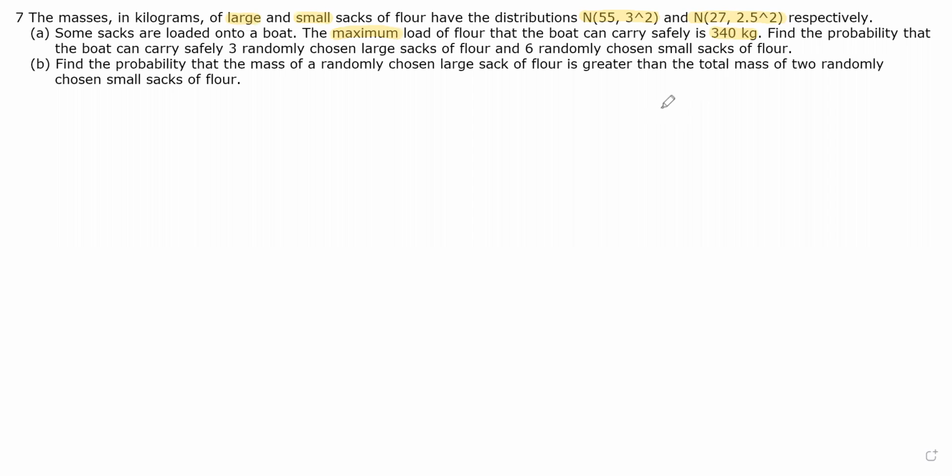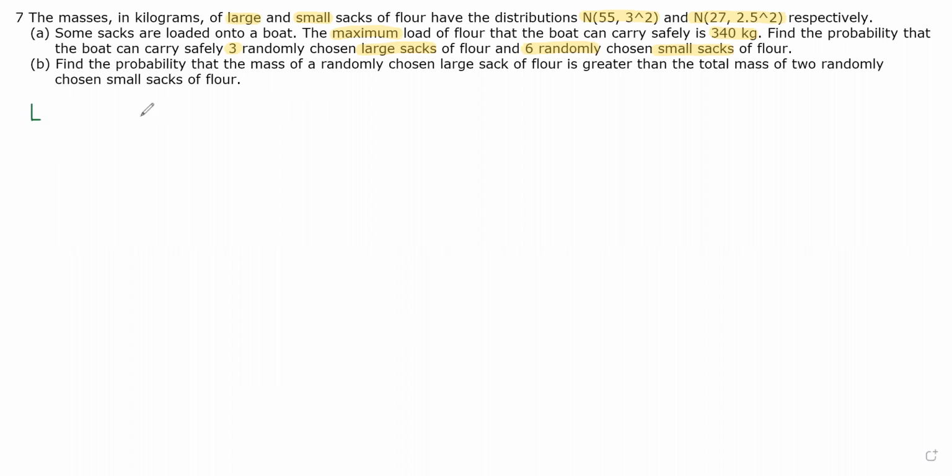We need to find the probability that the boat can carry safely 3 randomly chosen large sacs and 6 randomly chosen small sacs. So the total weight for 3 large sacs and 6 small sacs must be less than 340.